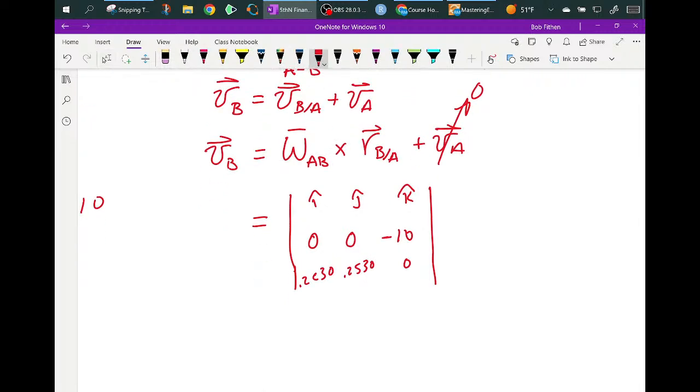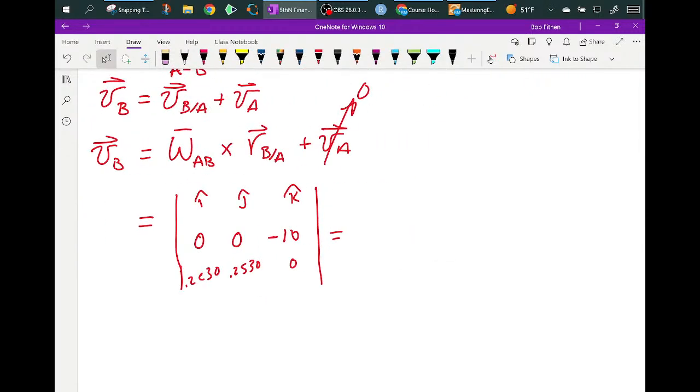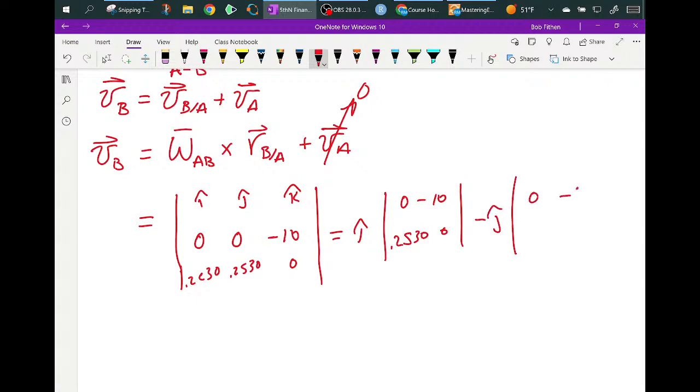So if you do the cofactor expansion, you'll get this minus J, and you'll get this equals that times that minus that times that, which is basically 10.